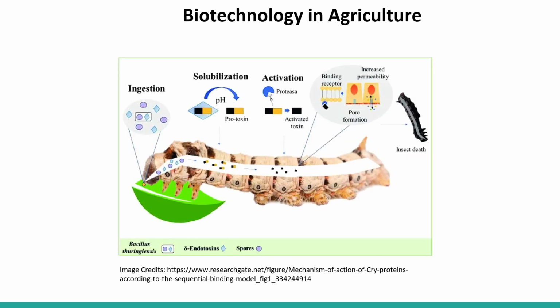So here we can see this is the ingestion. Ingestion means the insect eats part of the leaf, that is the Bt cotton, and inside the intestine of this insect, what happens? Due to the presence of high alkaline pH, the protoxin becomes activated and becomes the activated toxin.